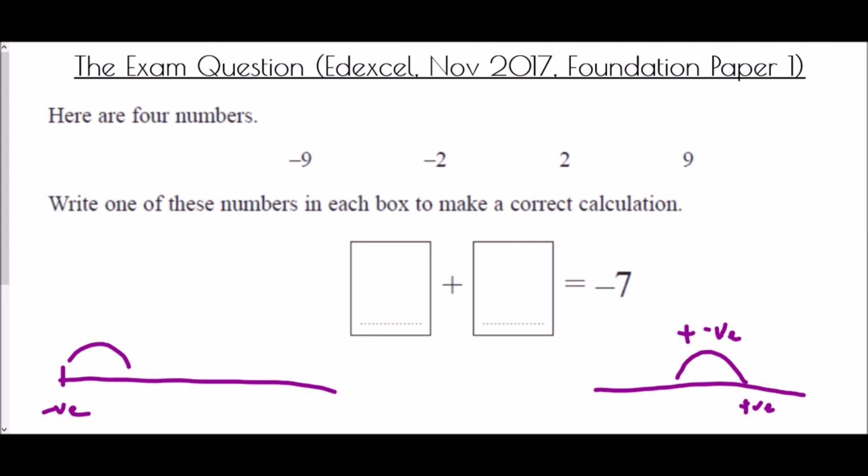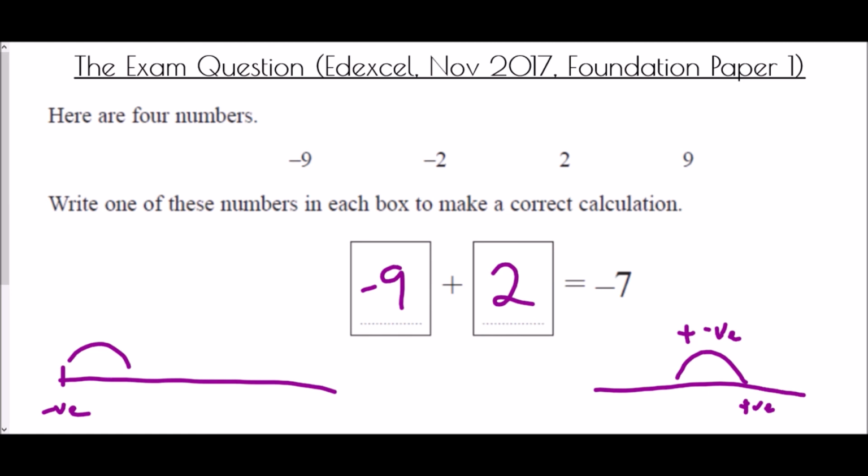Now, if I start with -2, I'm not going to be able to add any of these values and reach -7. So let's start with -9, the smallest number that we have. How would I get from -9 up to -7? Well, I would have to add 2. It works perfectly. So -9 plus 2 is -7.